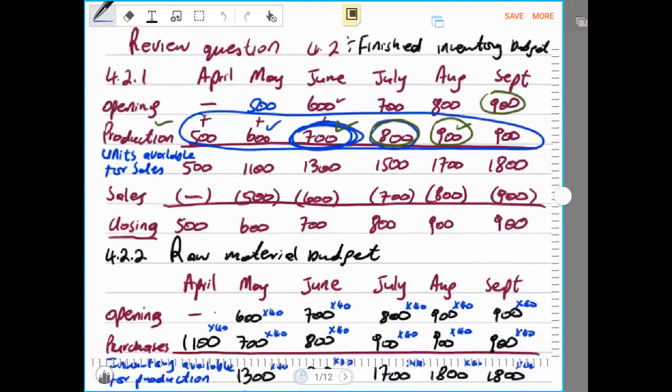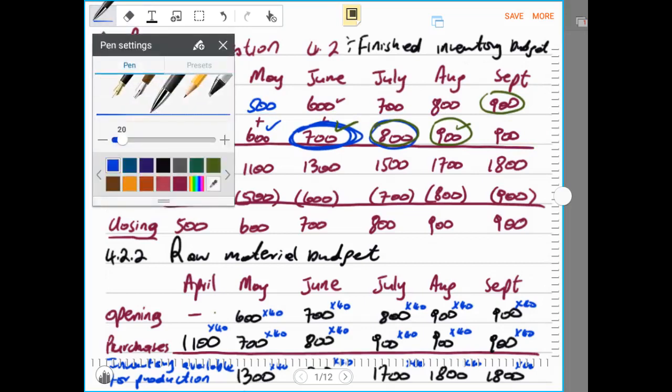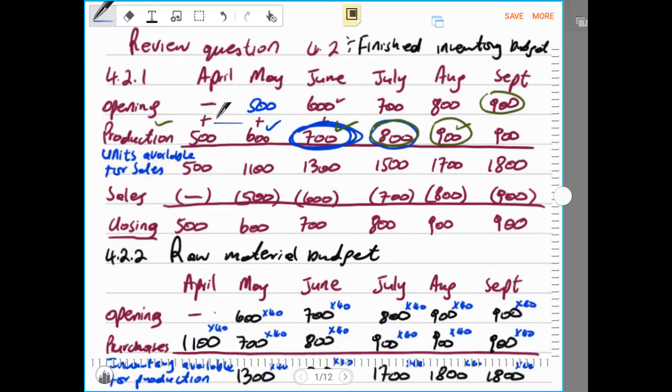That first budget had production units of 500. Here is the budget we are talking about, where we had to account for the units that were finished. In this production budget, we have to multiply every unit produced by 20.